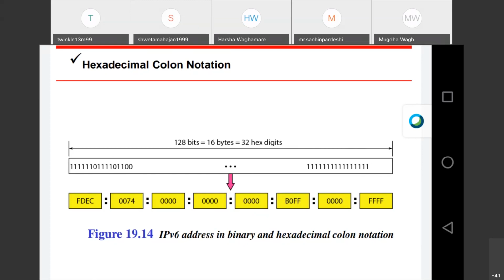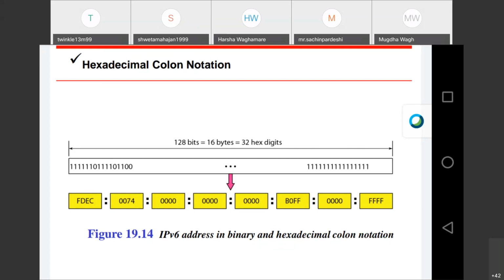So 128 bits are there. These 128 bits we can represent by 16 bytes. 16 bytes is equal to 32 hexadecimal digits. These 32 hexadecimal digits are separated by colons.